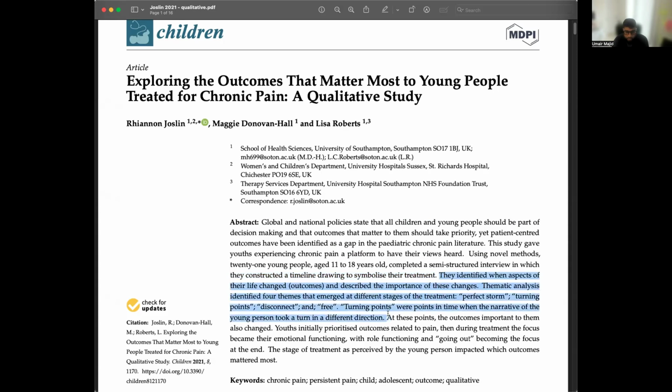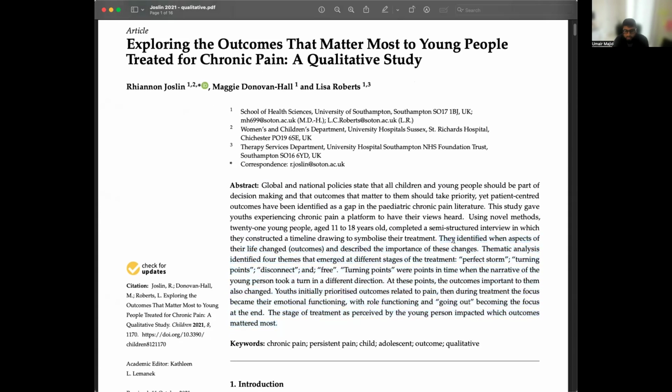Then the other thing I want to talk about here is the findings. Now, as you can see, findings also pretty much take up half of the abstract. So they identified when aspects of their life changed, and described the importance of these changes. Now I want to stop here.